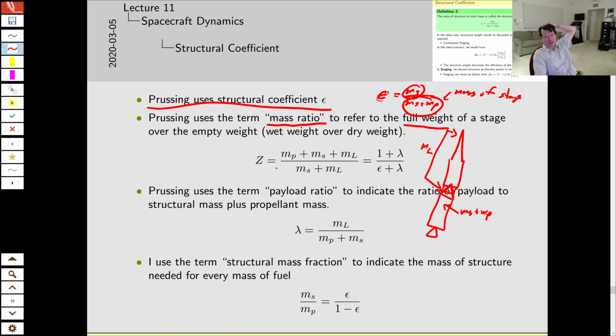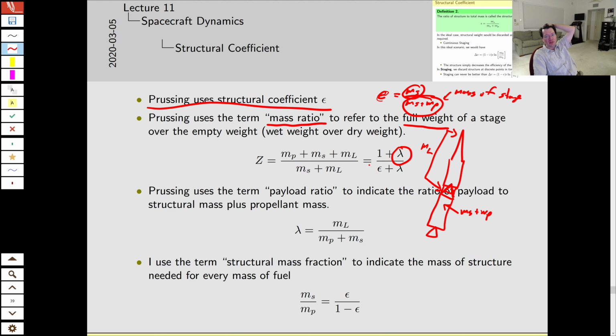Now Z's are kept relatively constant, and you can solve them explicitly in terms of another number which is called the payload ratio. So there's a mass ratio of total weight, everything, divided by just the weight of that stage.